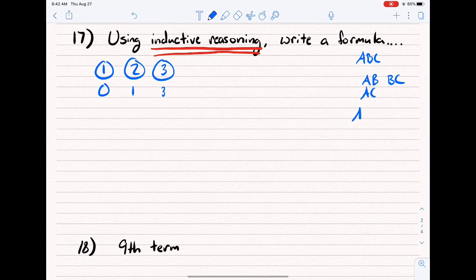If I had 4 people, like A, B, C, and D, A would shake B, and then C, and then D. B would move on to C, and then D, and then C would only have D left. And that's 3, 2, 1. That's a total of 6. So 4 people. You see this is already increasing pretty quickly, but with 4 people, I would have 6 handshakes. Let's try it with 5.